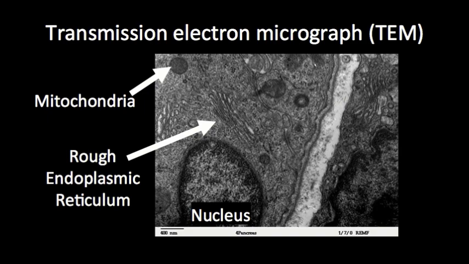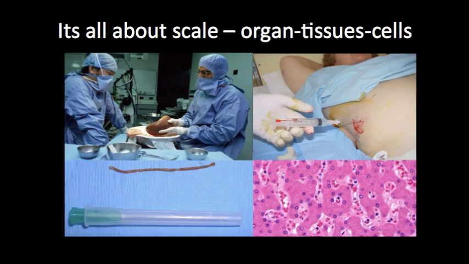So far I've explained cells, but please remember cells are just one level of scale when we talk about a human body. And here we can see the transition from cells on the lower right through to tissues on the upper right.